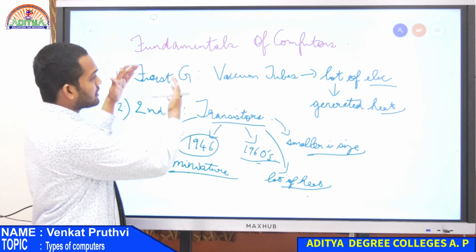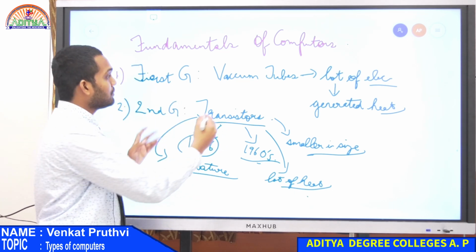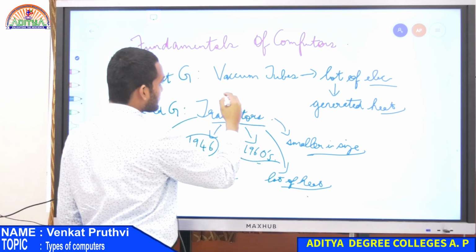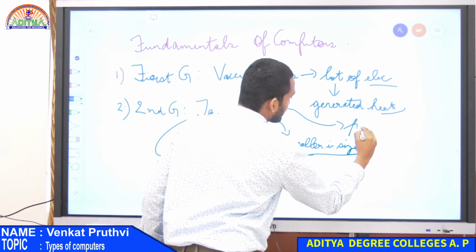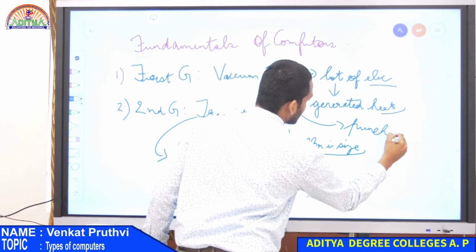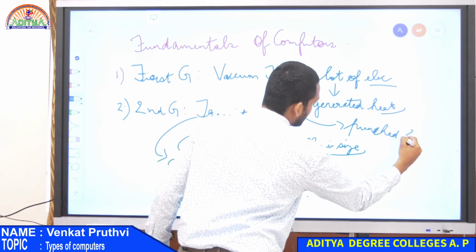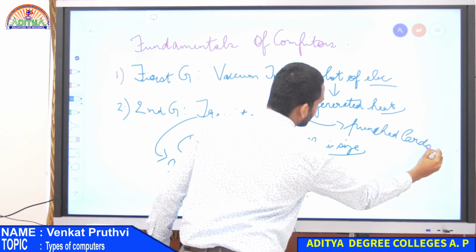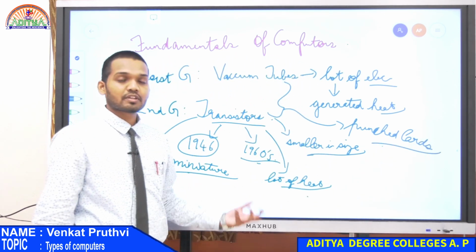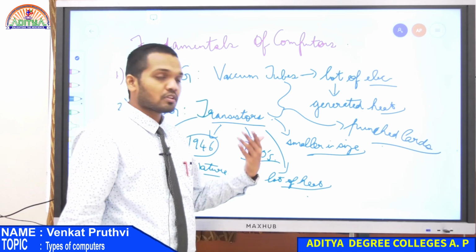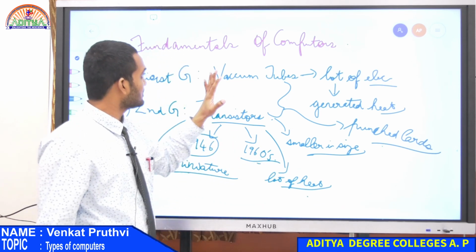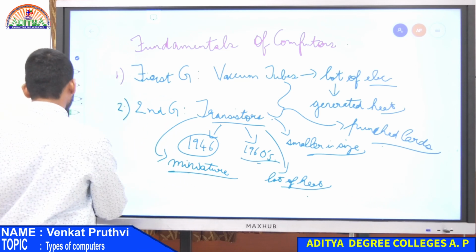But compared to vacuum tubes, this was better. The similarity was that both used punch cards, which we talked about yesterday, to store the data, process it, and give an output to the user.